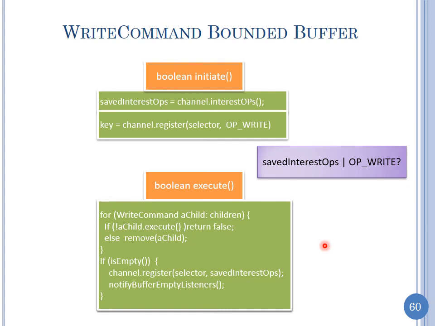So a question at this point is, whenever the buffer gets empty, it registers the saved interest ops. Okay, and then it calls notify buffer empty listeners in case there are any. And this is very important here. It does not make the operations be saved interest ops or op write, either here or here.